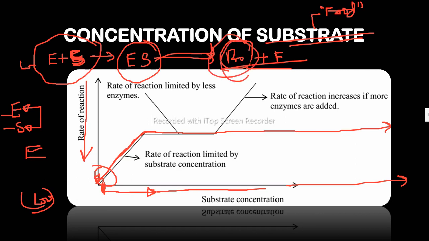So the number of products formed per minute is going to be high, and the rate of reaction becomes high.